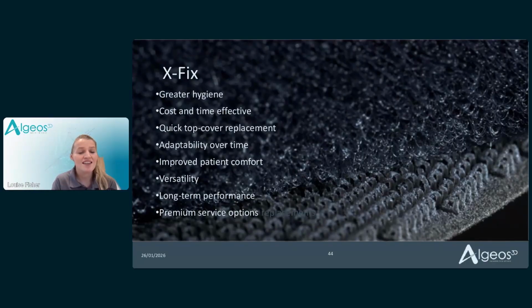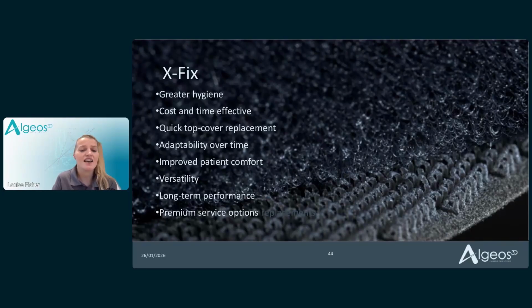We're eliminating the need and the faff around having to repair and replace top covers, because the X-Fix hook and loop system allows very quick and easy, readily adjustable top cover replacements, mainly by the patient, but it also makes your life easier as a clinician in order to be able to offer that service.